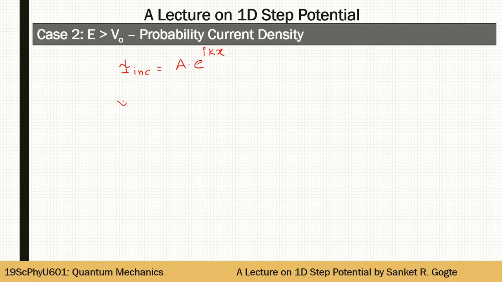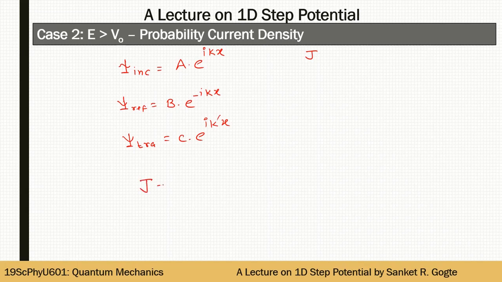You can go back and have a look at what that constant is. Psi reflected is b into e to the power minus i kx, and psi transmitted is c into e to the power i k prime x. So these are the wave functions, and we have to find J for each of these wave functions: incident, reflected, and transmitted.